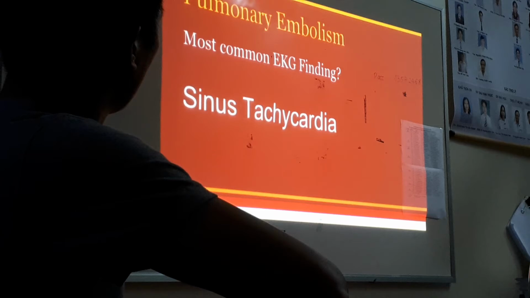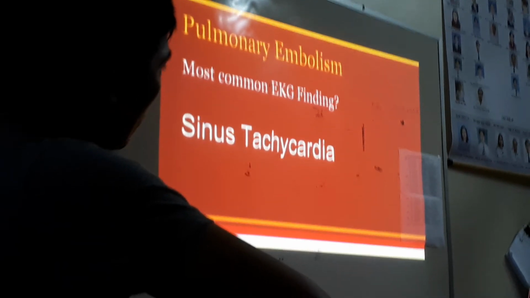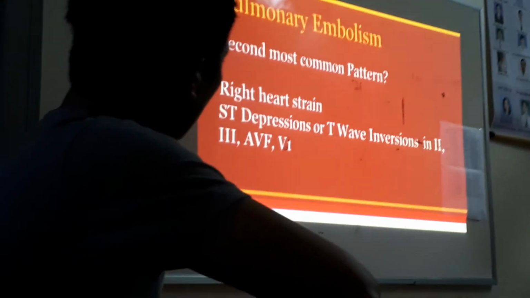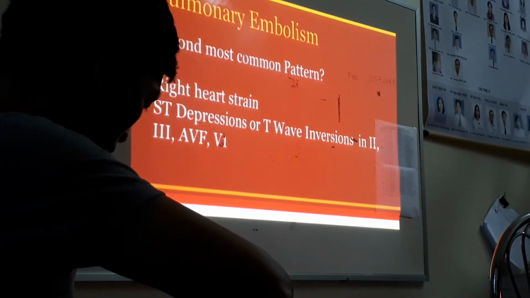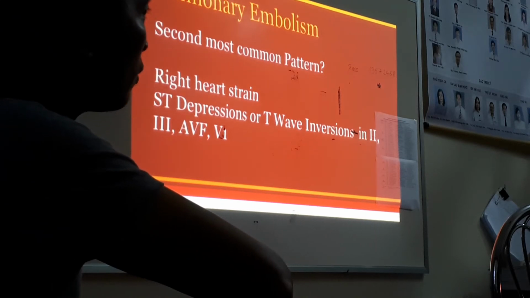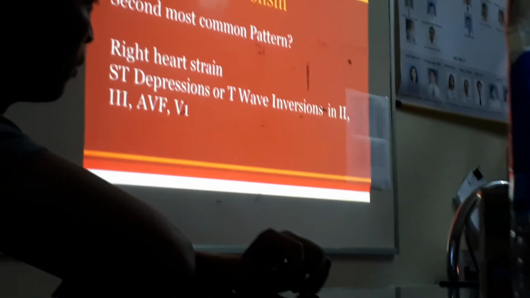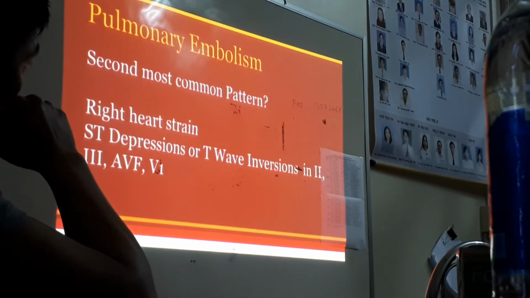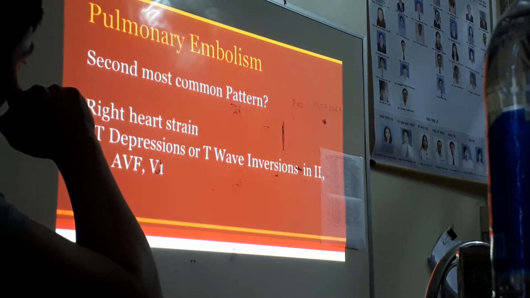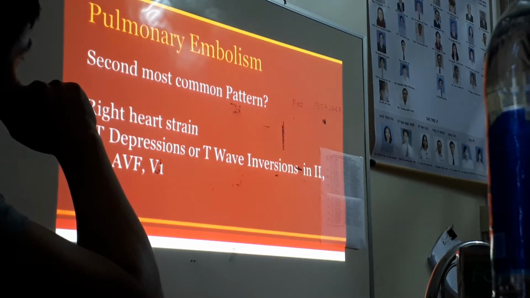The most common pattern that you'll look for is a strain. Right heart strain: the right ventricle is pushing against a larger afterload than it's used to. When you look at the right heart, you look at the corresponding leads 2, 3, and aVF, which are your inferior leads.